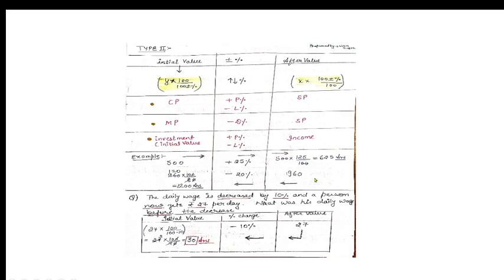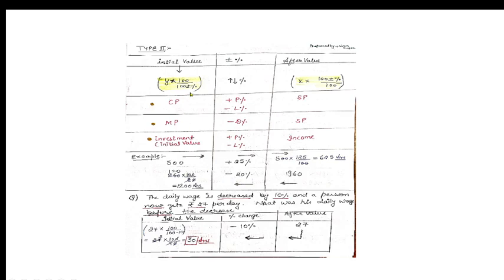Let's take a reverse example. If the after value or the final value is given, after some increment or decrement, some increase or decrease, the number will be 960. So the after value is given as 960, and there is a decrease of 20%.